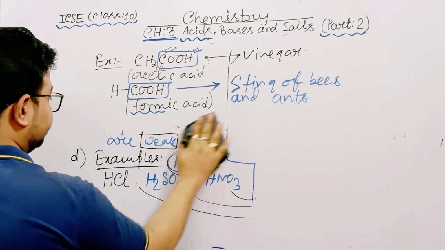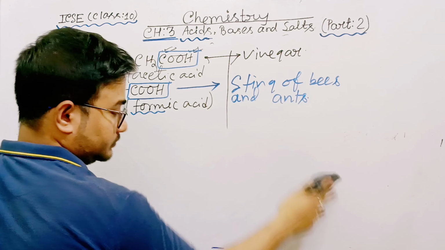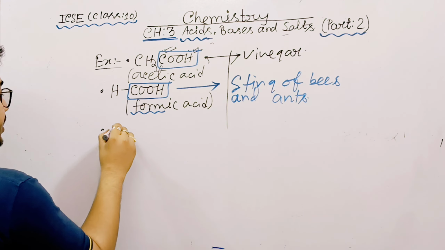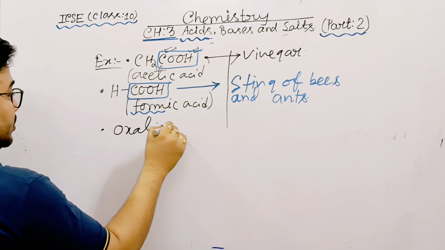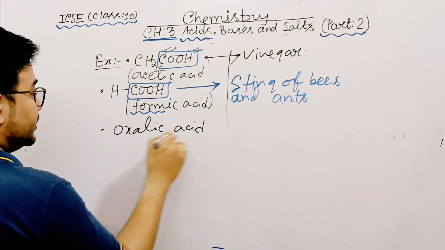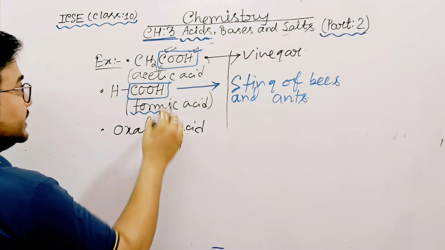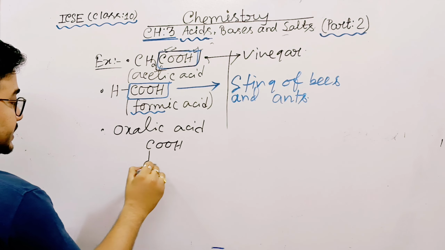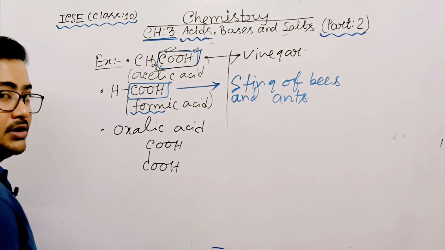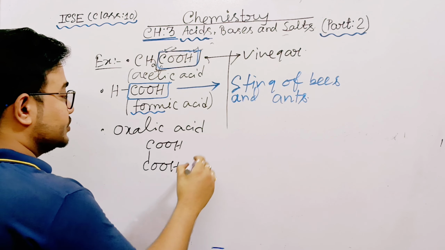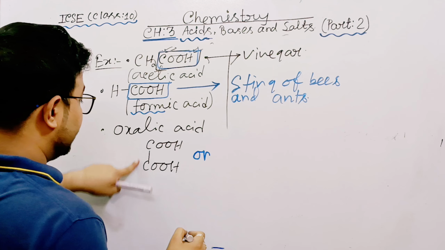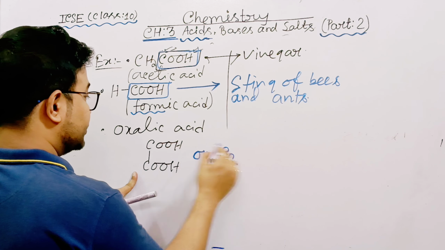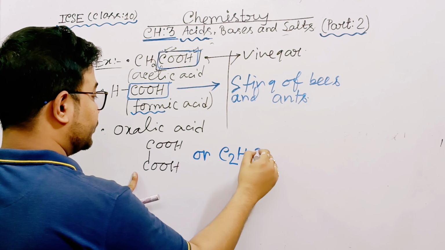Okay, now next example, example 1, example 2, example 3, oxalic acid. Formula of oxalic acid, this COOH. See, all contain acid group. Oxalic acid is COOH, so you can write in this short way also. How many carbons? 2, C2. How many hydrogen? 2. How many oxygen? 4. So C2H2O4.